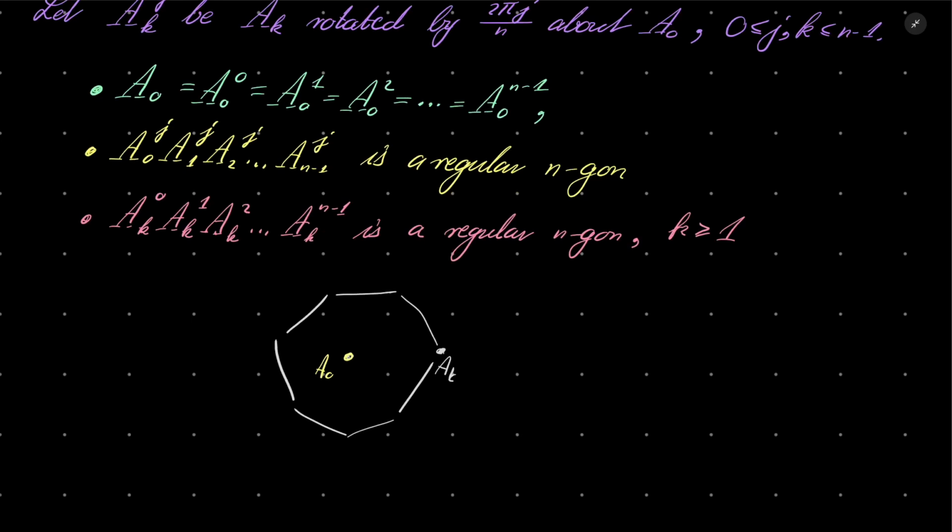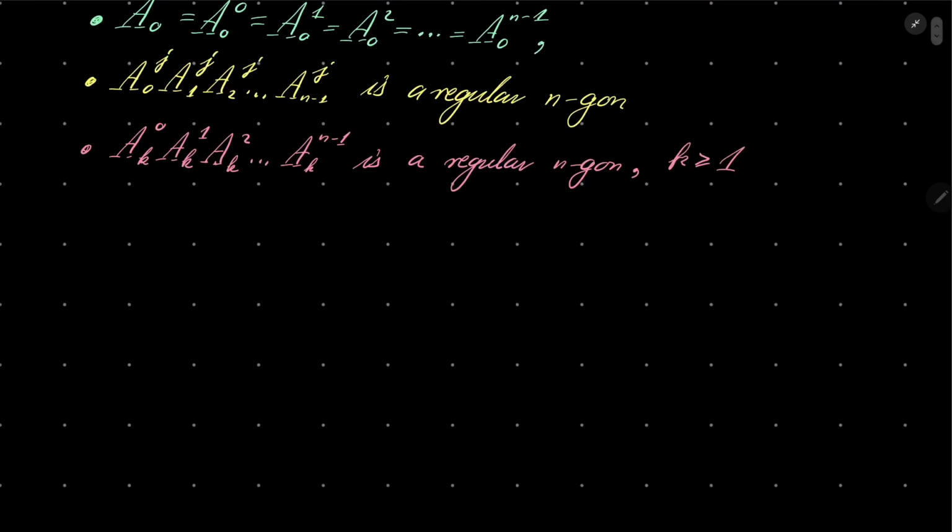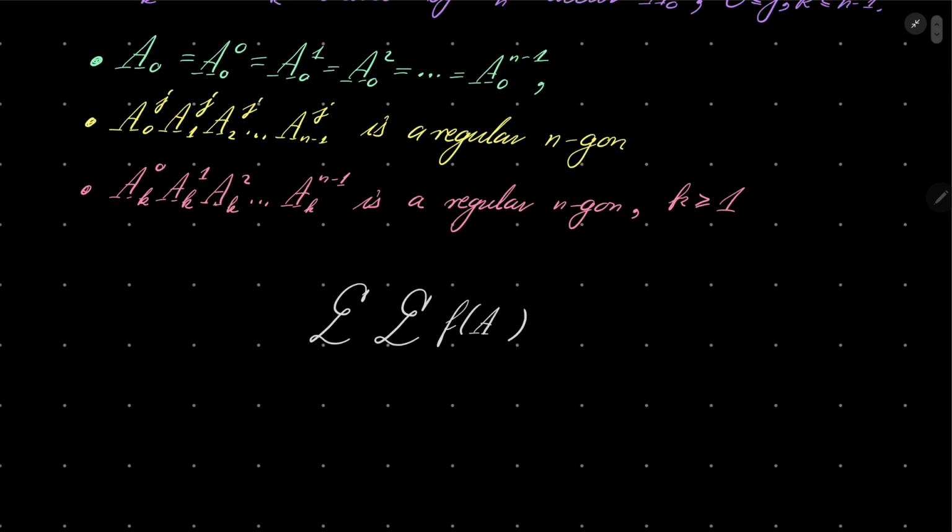Good to know. And now I wish to consider the following double sum. First sum goes from j equals 0 to n minus 1, second one goes from k equals 0 to n minus 1, and we have a_k^j.